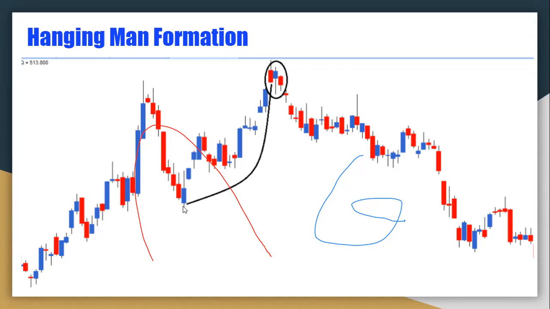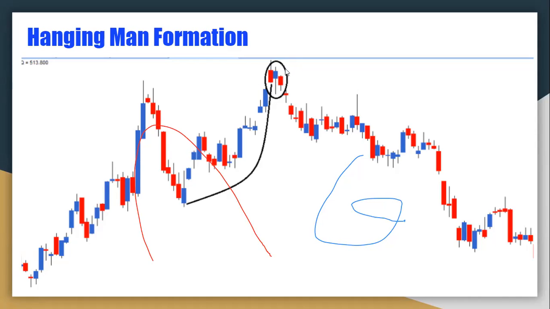So again, here we are seeing that the bulls are clearly strong on all these days. Bulls are taking the prices upwards, and suddenly on this particular day, something happens. The ideology of the hanging man is a little different from the ideology of Thor's hammer. Here, on all these days, bears didn't even have the strength to beat the bulls.